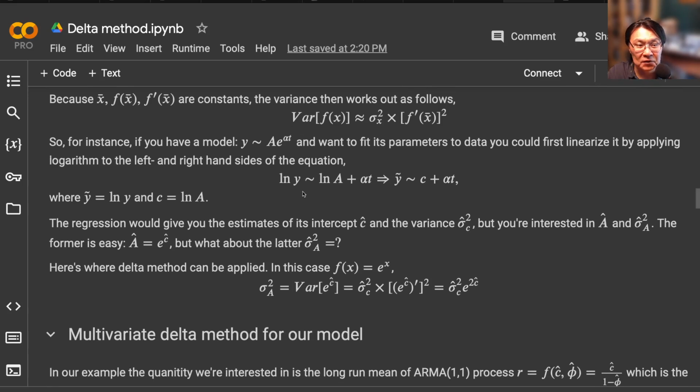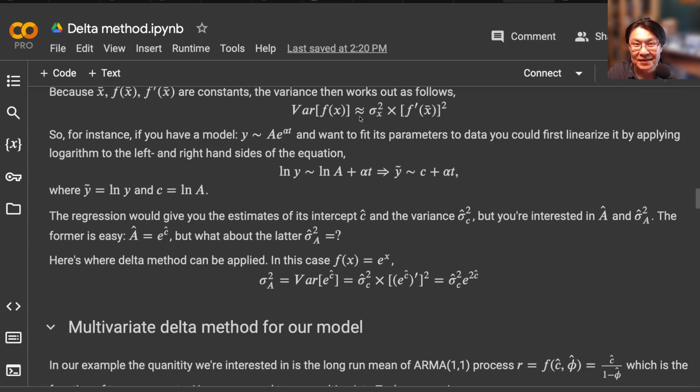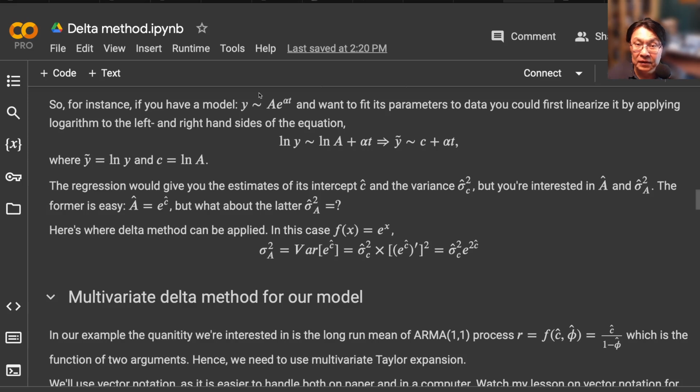Now think of this. When can we actually use this in a univariate case? Suppose you have a function y which is equal to a times the exponent of alpha t. Where do you see this? This is any kind of exponential growth, explosions. There are a lot of processes like that in physics. But in economics, it's exponential growth, alpha being a growth rate.